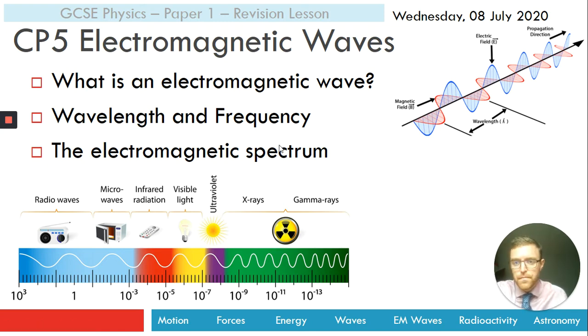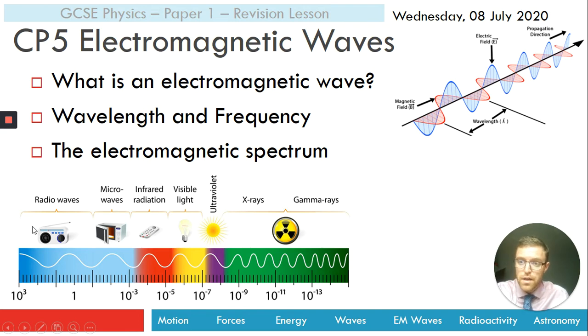You've got a model, a depiction of the electromagnetic spectrum here. Remember, we need to know all the different parts of the spectrum, from radio, microwave, infrared, visible, ultraviolet, X-rays to gamma rays. What are they ordered by? They're all the different electromagnetic waves that exist in nature, ordered by wavelength.